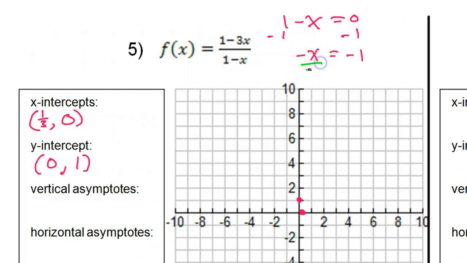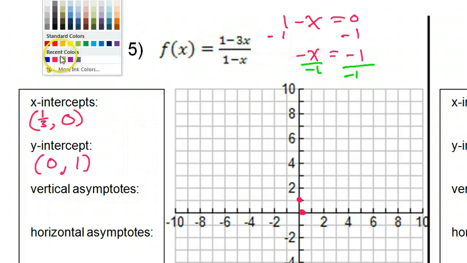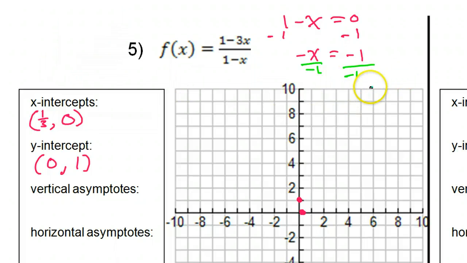Divide both sides by negative 1 and you get x equals 1. Alright, so this is how you find a vertical asymptote. So put x equals 1. Don't just put 1, put x equals 1.